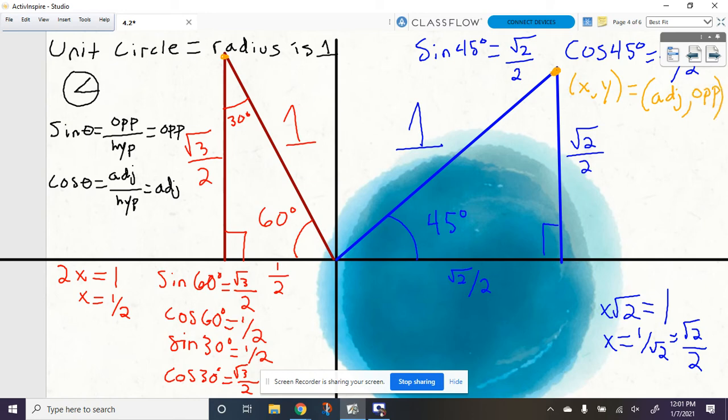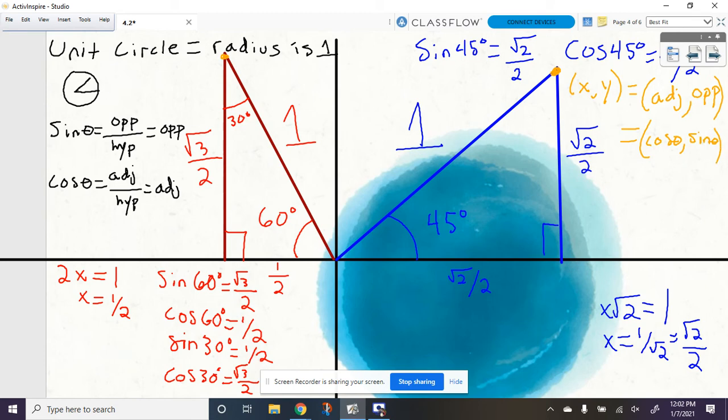Well, let's think about the information that we just found. What do we know that sine is always going to be? Our opposite, and our cosine is always going to be our adjacent. So that means that we could also rewrite this point as cosine of theta, comma, sine of theta.